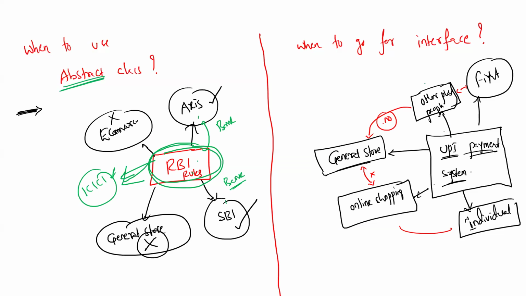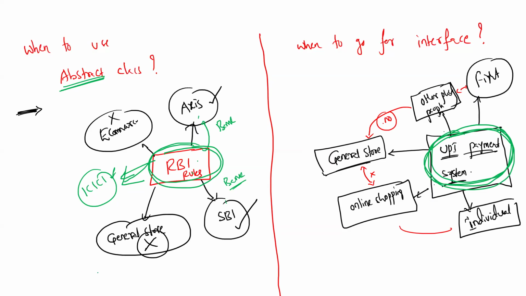But UPI is one payment system, and it can be used by many different users. Is there any relation between them? No. So if an entity sets some rules or has some implementation that has to be used by different non-related classes, then we have to go for the interface.